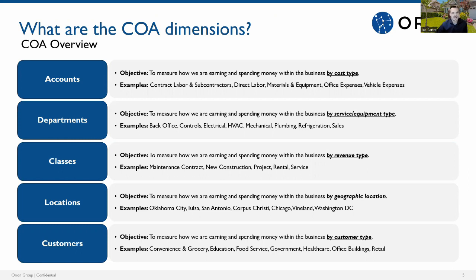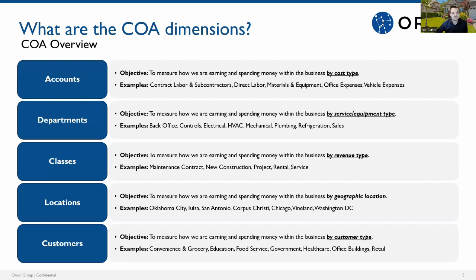The next dimension is classes. The objective here is to measure how we are earning and spending money within revenue type. Examples could be a maintenance contract, a new construction project, a rental, or service. The next dimension is locations. This is to measure how we are spending and earning money within the business by geographical location.